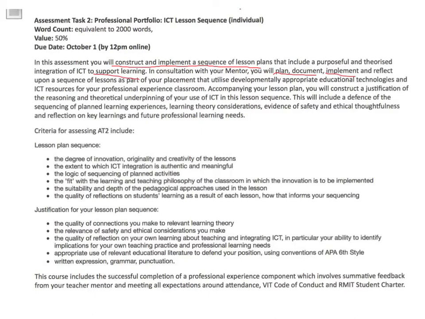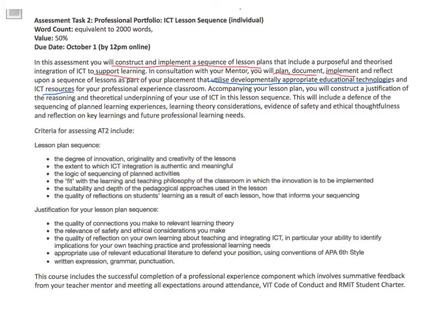Another important element of your lesson plans is that they utilise appropriate educational technologies and ICT resources. Now, some of you I've spoken to personally about your concerns that the school in which you are placed or the specific classroom in which you are placed has limited access to technology.